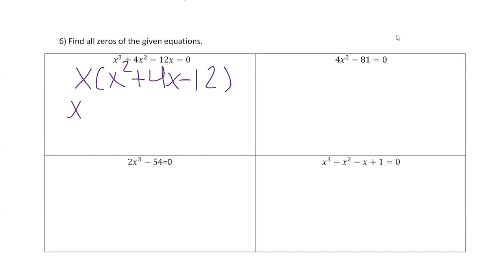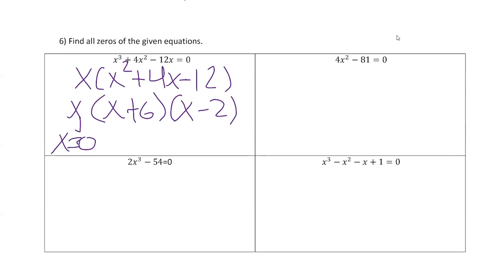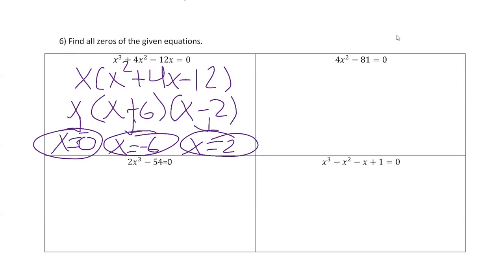This one you should be able to factor quite nicely. What multiplies to negative 12 and adds to positive 4? That would be x plus 6, x minus 2. So your solutions would be 0, negative 6, and if you set each term equal to 0 and solved, positive 2. And that would be it for this question.